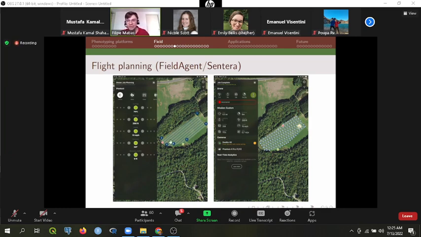For our flight plan, you just select the area where you want to fly, and for the majority of my flights in potatoes and wheat, I was working with 75% coverage. That gives us also a depth idea when we are making the cloud, for example, to calculate the digital surface model and have an idea about plant height.